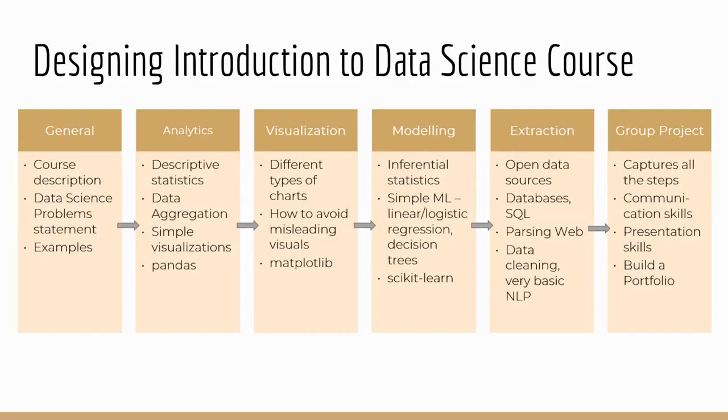Although in our opinion, an introduction to data science course should cover a bit more detail, a bit more topics, like the classical data science process of data analytics, data visualization, data modeling, and importantly, data extraction and cleaning, which is a major part of doing a data science job.